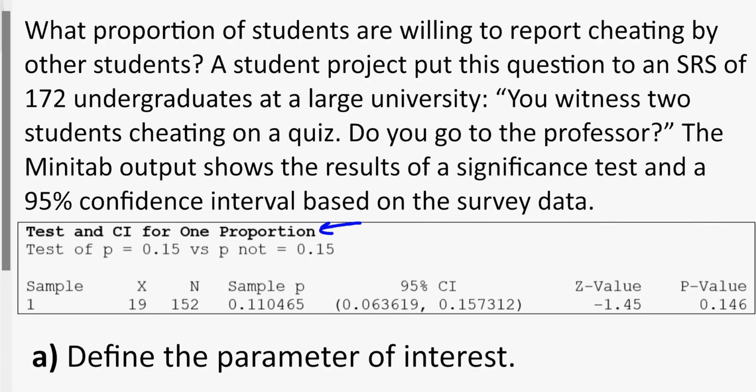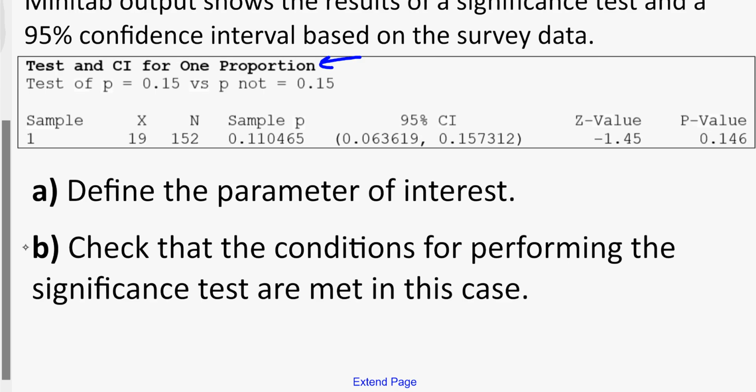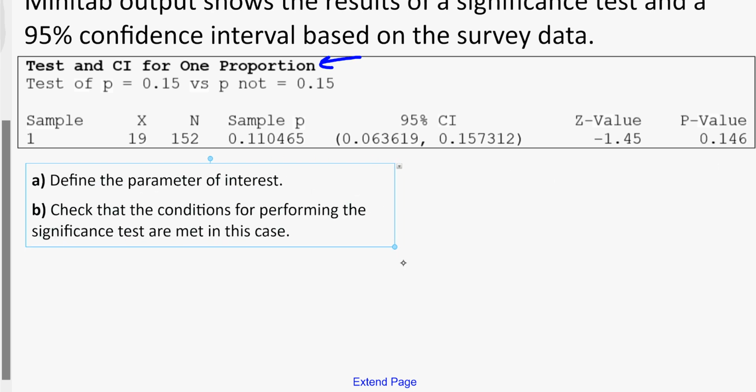So even with that information, you'd have to go and define the parameter of interest, which hasn't been defined yet, and you'd have to check the conditions. Okay? But the benefit of having this computer printout is most of the rest of the work is already done for you. So let's walk through this. Let's double check.